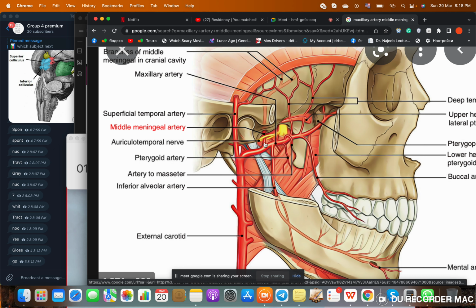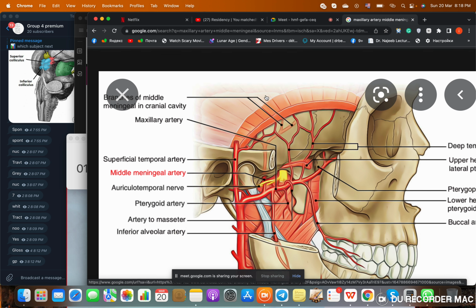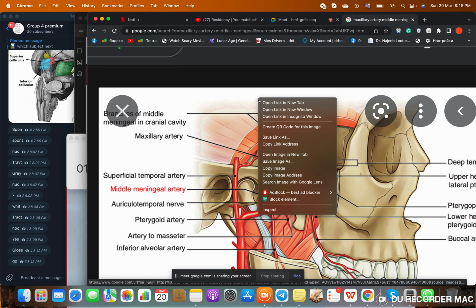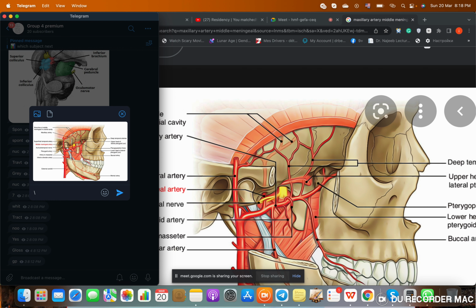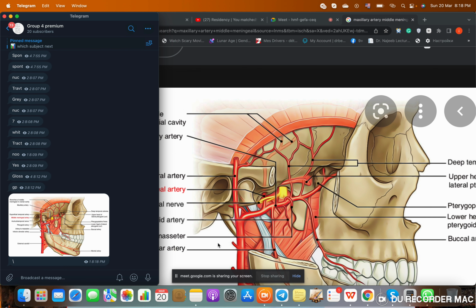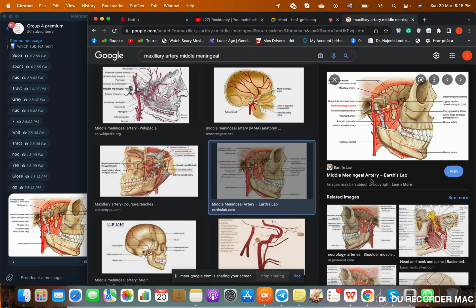Yes, okay, you can see it right here. Can you see the middle meningeal artery? It's piercing the skull from the maxillary, piercing the skull through the foramen spinosum, and eventually entering your brain cavity to supply your brain. You are like, yeah, that's cool, but what is the clinical significance? The clinical significance: if you have a massive inflammatory reaction within this portion of the face, it's highly likely for this infection to drain into your brain. Okay?